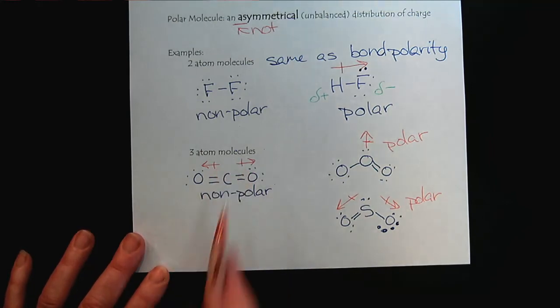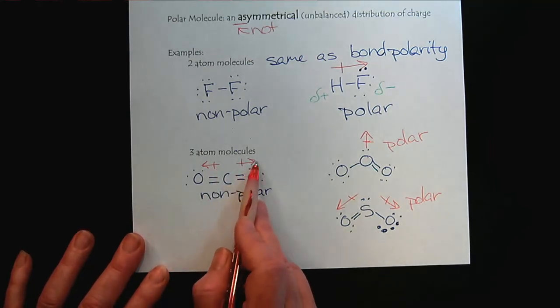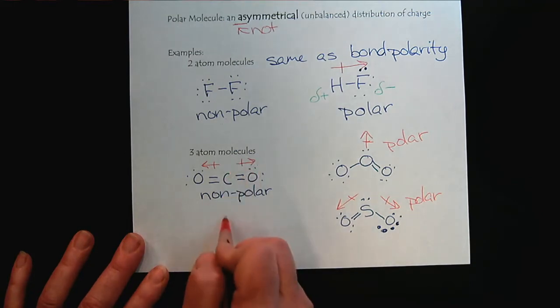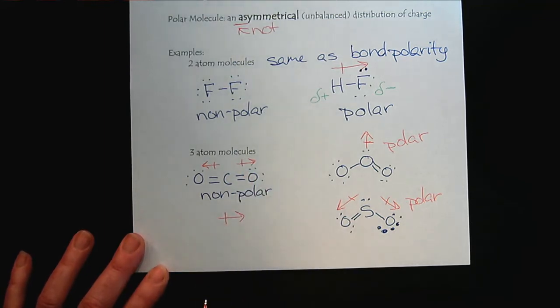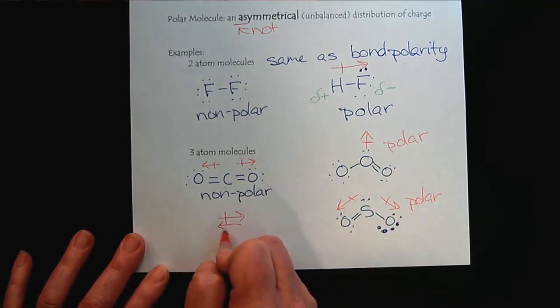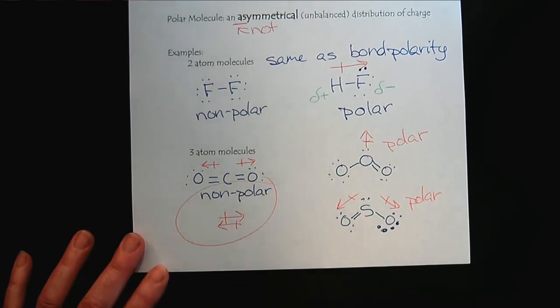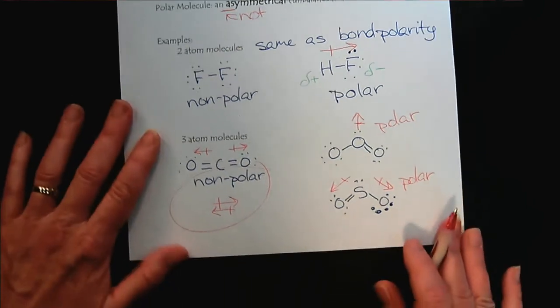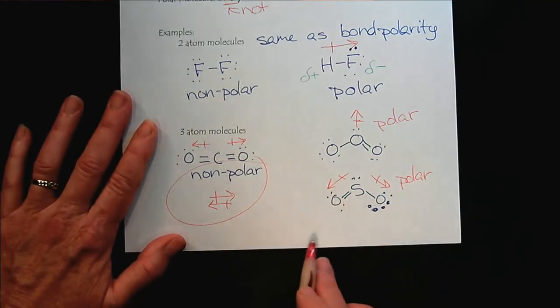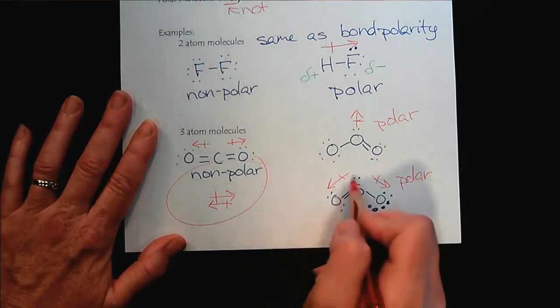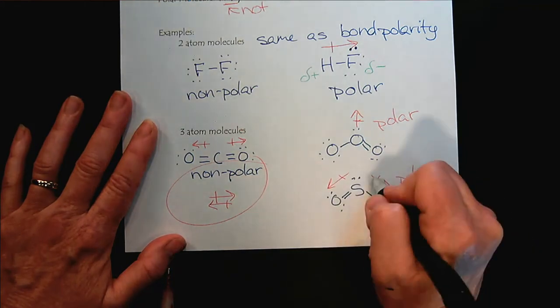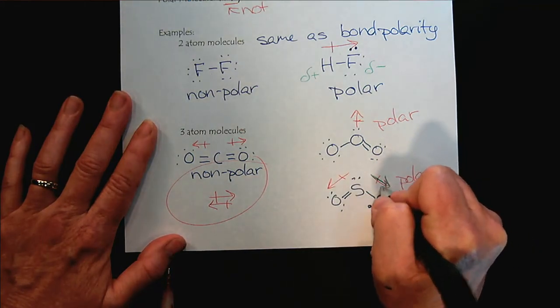Another trick that we can use when we're trying to determine molecular polarity is we can take the dipole moment arrows and put them tip to tail. For example, if we look at carbon dioxide, we have one arrow going to the right, and then the second arrow is going to the left, and we're back where we started, nonpolar. If we compare that to sulfur dioxide, I'll do this one in green, right?